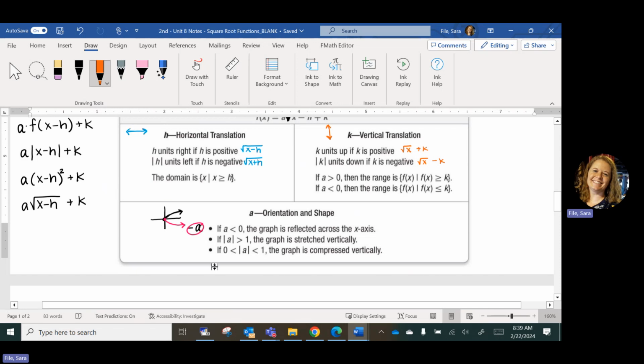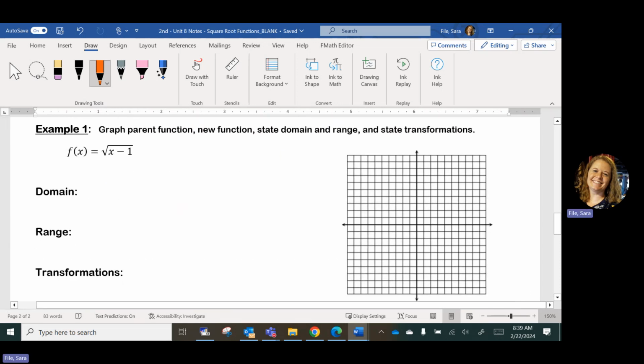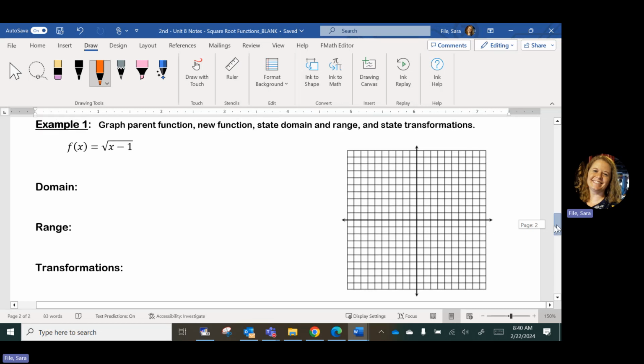All right, flip it over. Let's look at this first example. They want us to graph the parent function, the new function, state the domain and range, and the transformation. Okay, so the first thing I'm going to do is put the parent function on there.